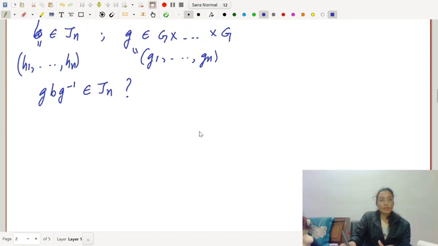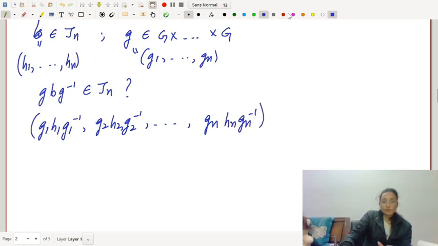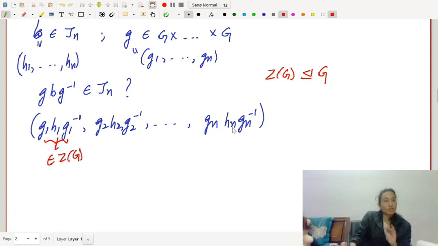Now g b g inverse would be (g1 h1 g1 inverse, g2 h2 g2 inverse, up to gn hn gn inverse). Alright. Now, as we know that the center of a group is a normal subgroup of G, this will belong to the center of G, because h1, h2 up to hn belong to the center of G. Hence it belongs to the center of G n times.